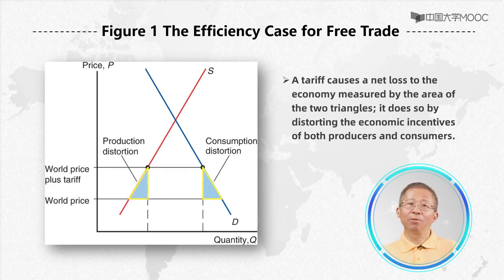It does so by distorting the economic incentives of both producers and consumers. Conversely, a move to free trade eliminates this distortion and increases national welfare.